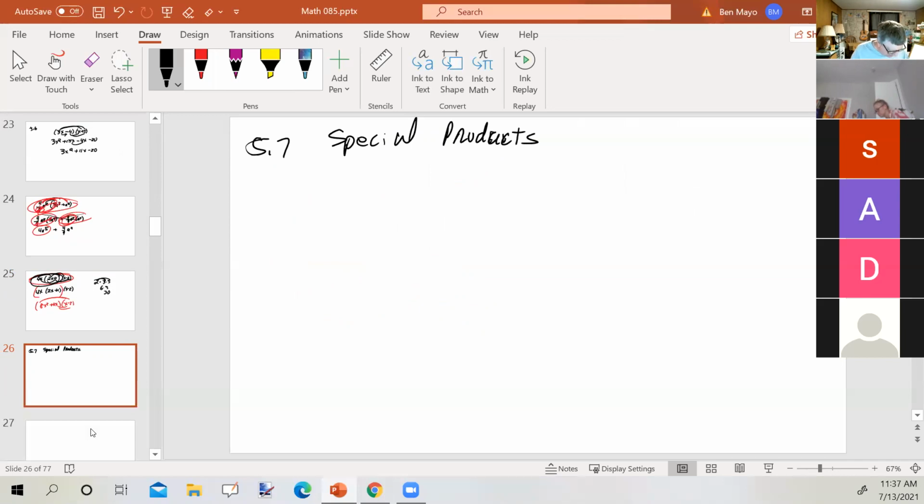The main thing I want to look at here is this idea. Let's see, you've got x plus 3 squared. That is not equal to x squared plus 3 squared or x squared plus 9. Okay, not true.